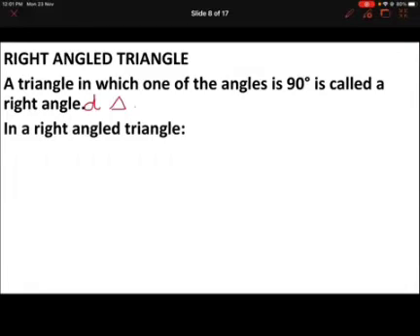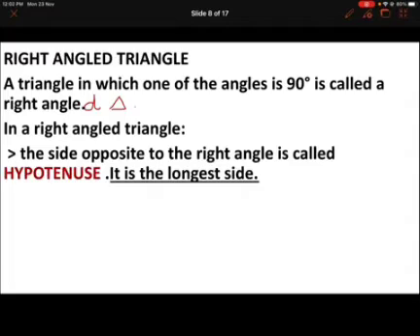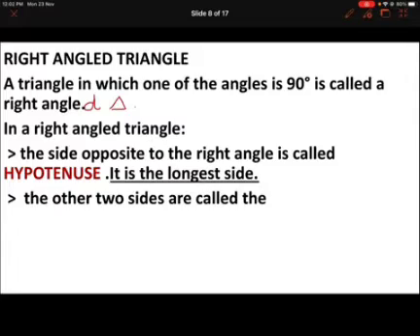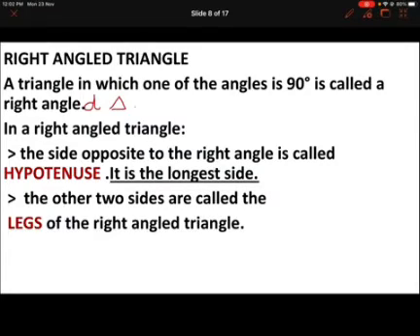Now in a right-angled triangle, please listen carefully, children. The side opposite to the right angle is called the hypotenuse. I think last year we have learned this. It is the longest side of a right triangle. The other two sides are called the legs of the right-angled triangle.